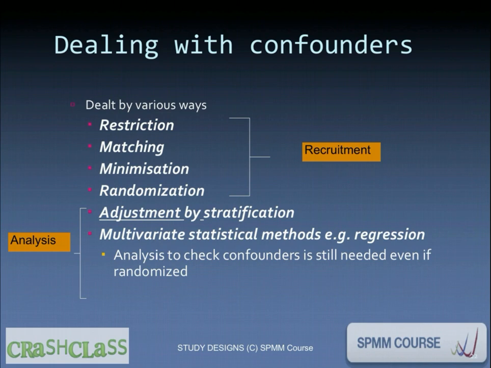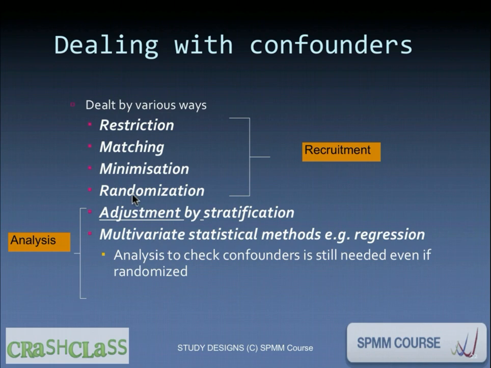In fact, randomization can look after both known confounders and unknown confounders. Even if you don't know if something is a confounder or not, by randomly picking the two samples from the same population, you can increase the chances that they are equally distributed.